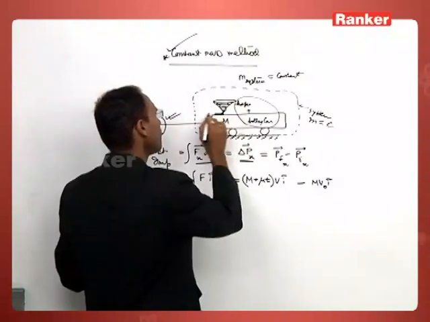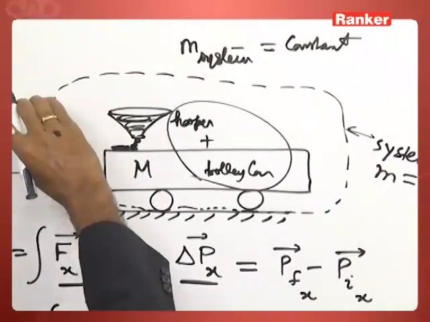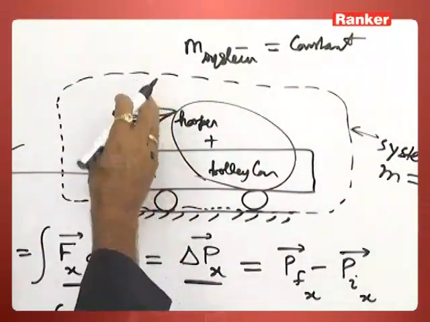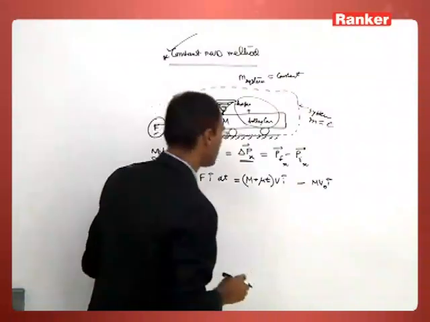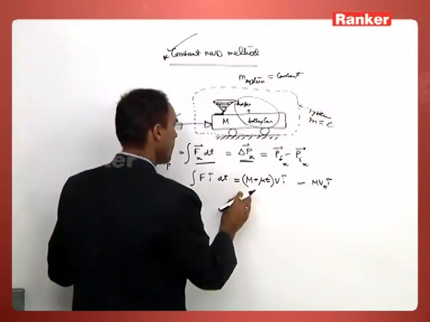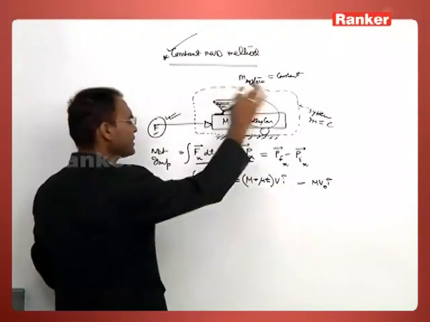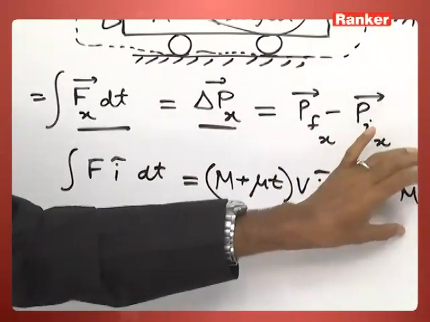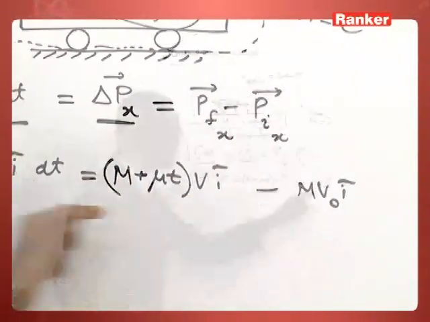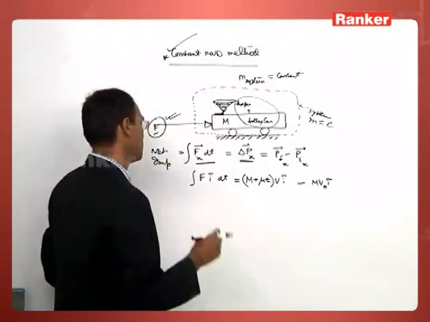And the hopper along with the sand particle cannot have a momentum along x direction, because hopper is stationary and the sand particles are moving vertically downward. Therefore, the final momentum of the system along x direction is this much. Initial momentum of the system along x direction is this much. This is the change in momentum of the system along x direction.